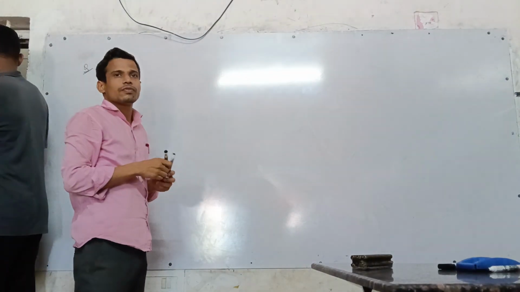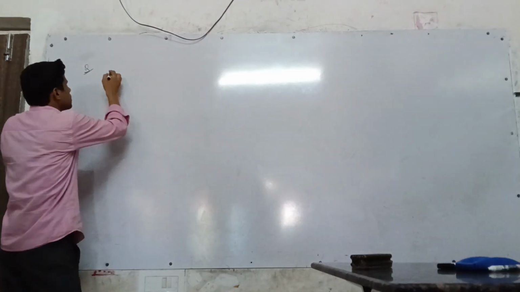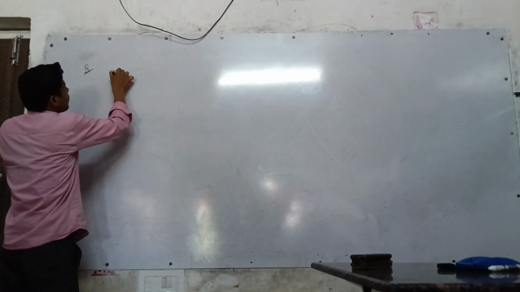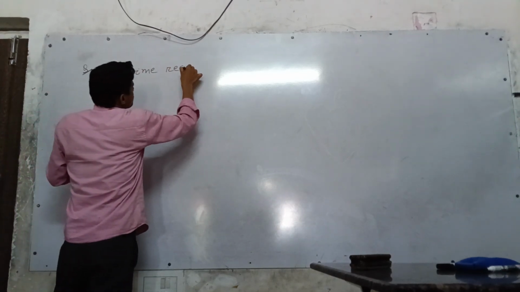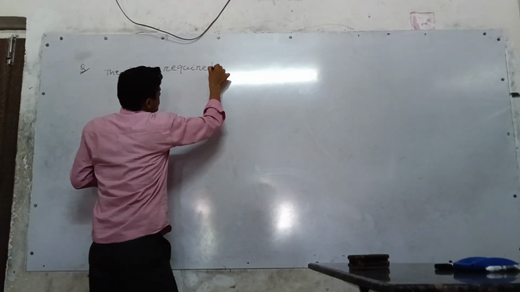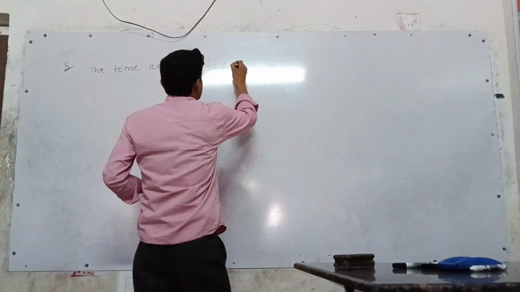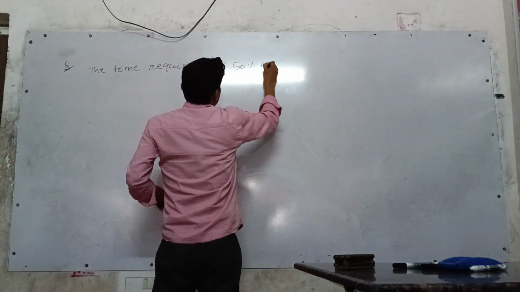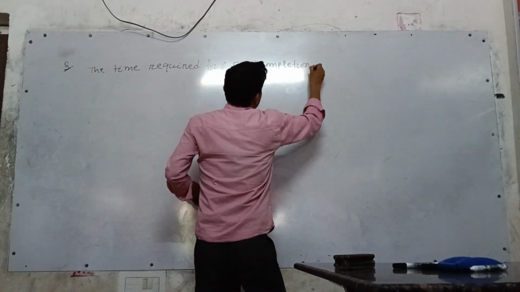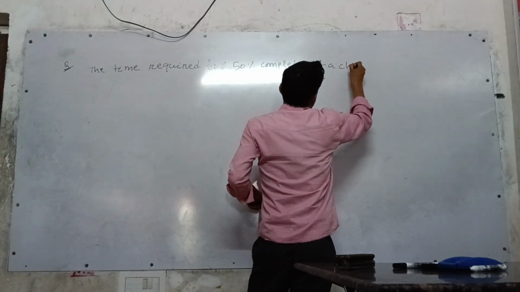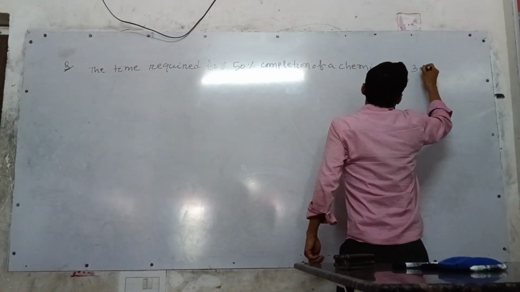A very important problem, IIT JAM chemistry. The time required for 50% completion of a chemical reaction is 30 minutes.